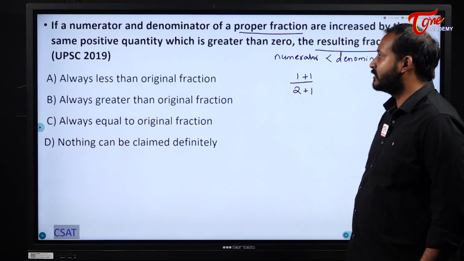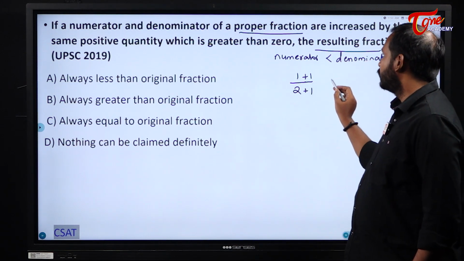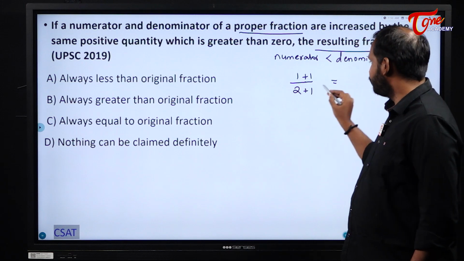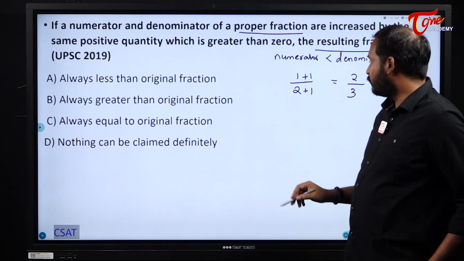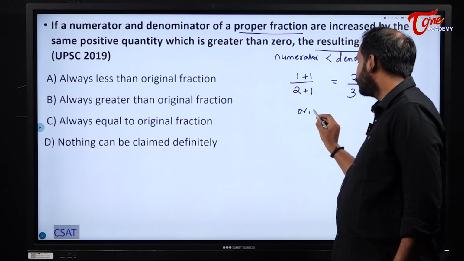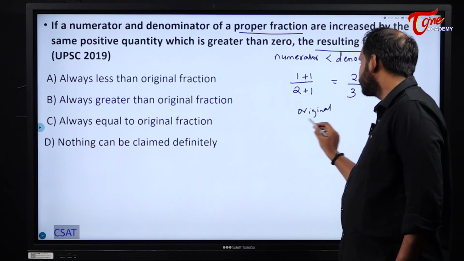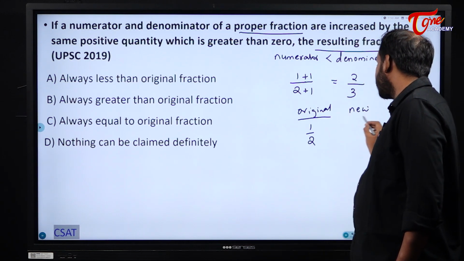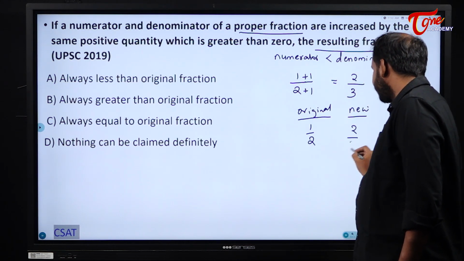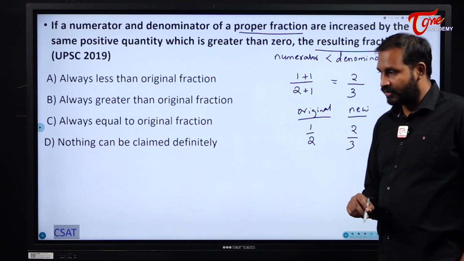They have said positive quantity, greater than 0, so I can take 1. So it will become 2 by 3. Original is 1 by 2 and new number is 2 by 3.